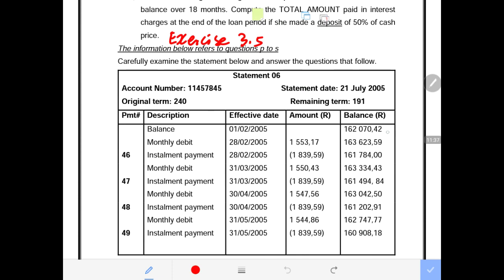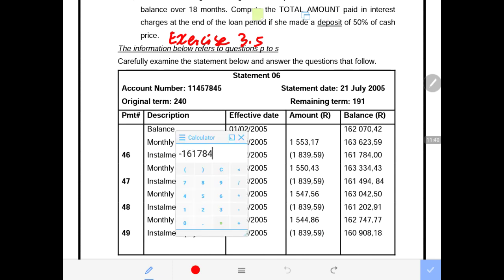So your loan only decreased by a very, very small portion, 1,839.59 minus 1,553.17. Your loan only decreased by the difference between interest and the premium that you pay, which is the amount of 286 rand 42 cents.